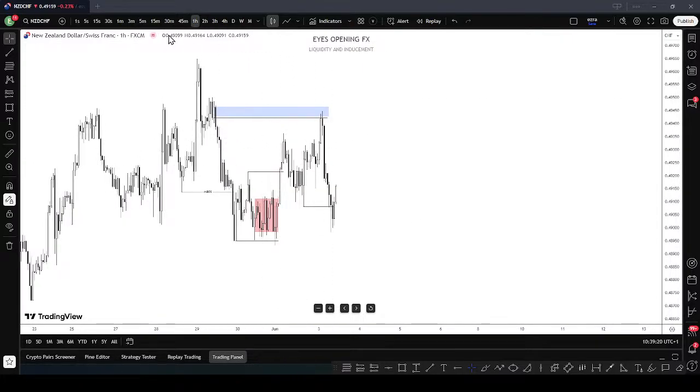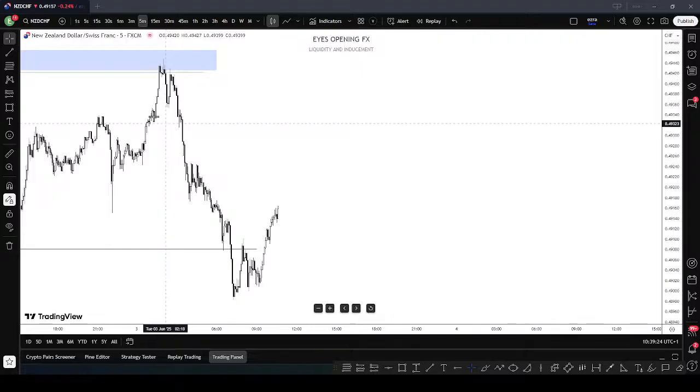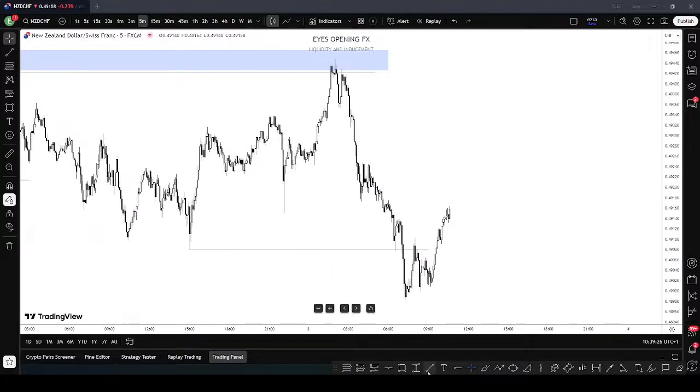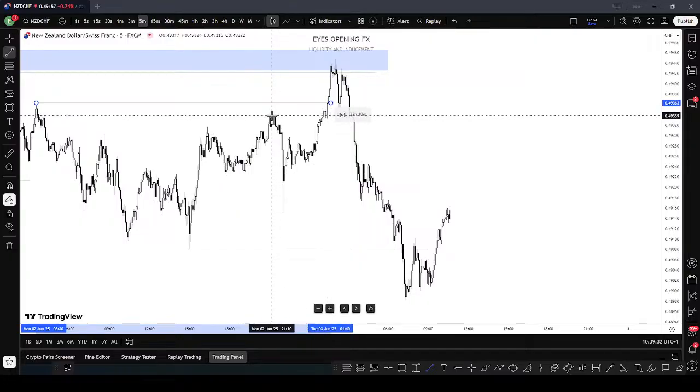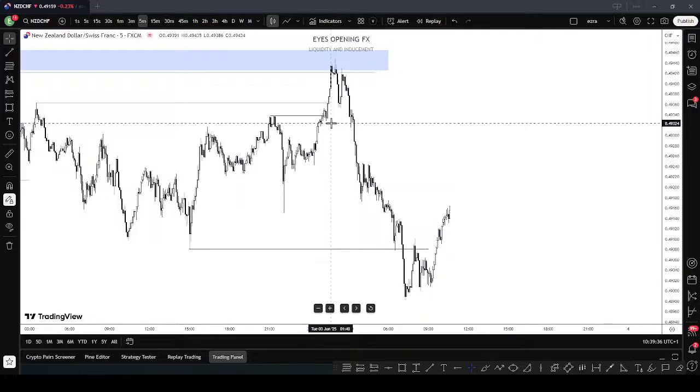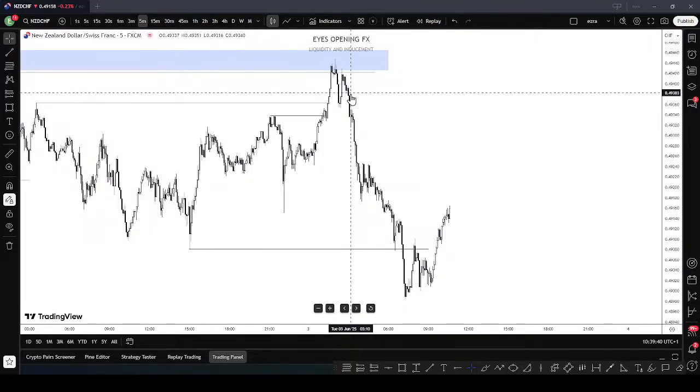Since we're expecting this distribution, we are looking for an entry or a level to sell. So we note the last high market broke, which is this, and a short-term high that market also broke here, which is this. Okay, this area is out of the equation. Since this area is out of the equation, then we have this POI right here.